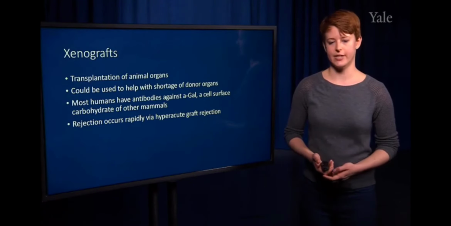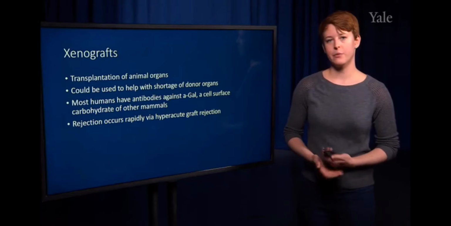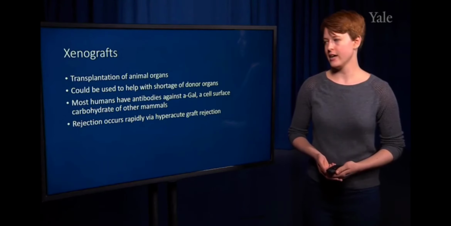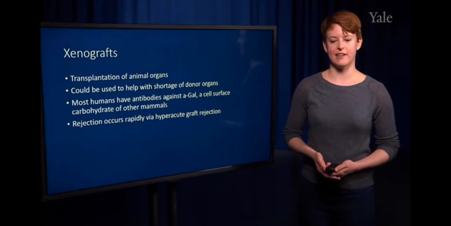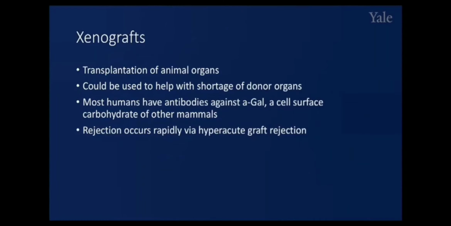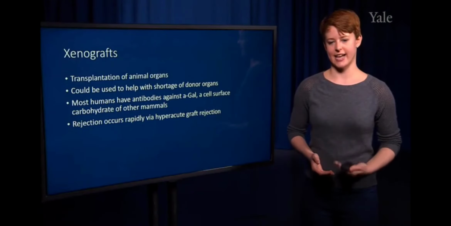However, we run into problems with this hyperacute graft rejection, and that's because most humans have antibodies against alpha-gal, which is a carbohydrate on the cell surface of other mammals. These antibodies can then recognize these antigens on the cell surface, leading to hyperacute graft rejection.